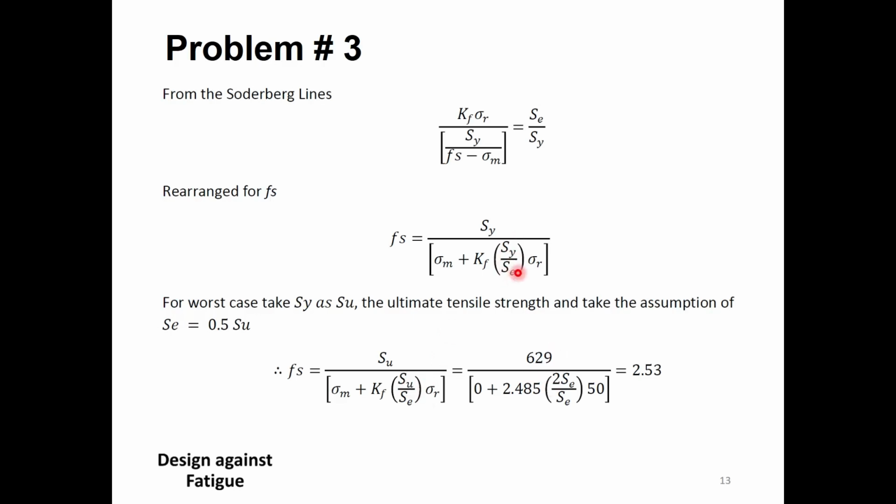We're going to replace the endurance strength by 0.5 S ultimate again. Or we do it the other way around: we consider that S ultimate is 2 times the endurance strength, over the endurance strength. These two cancel, and then multiplied by the reversed stress, which is 40. So this gives us the factor of safety of 2.53.